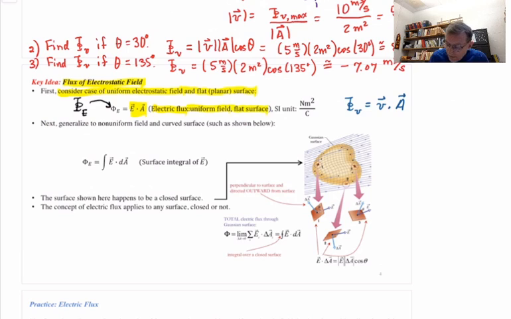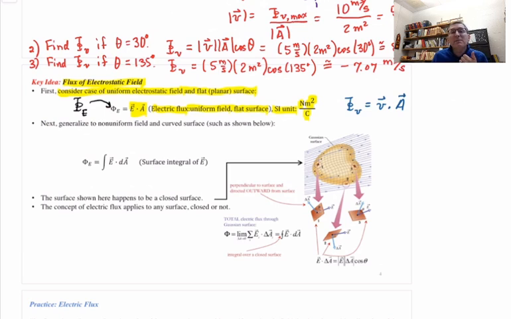What's the SI unit of electric flux? It's the unit of electric field, Newton per Coulomb, times the unit of area, meter squared. So Newton times meter squared per Coulomb. All right, now, that's all fine, but I'm limited with that to two special restrictions.